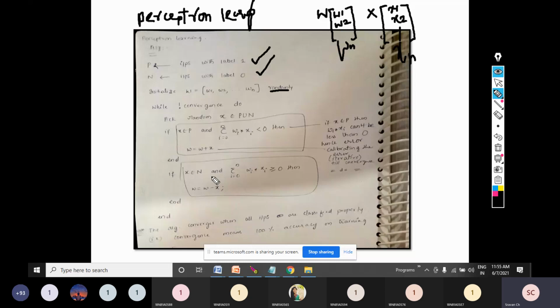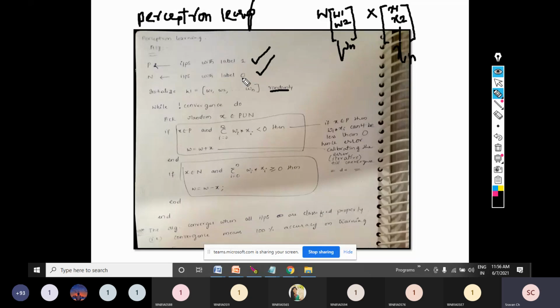There are two steps, my dear friends. Please observe. Pick randomly some input. From where should I pick the input? From P union N. P means inputs which are labeled 1, N means inputs which are labeled 0. If you recollect our decision tree example of playing tennis, playing tennis was our outcome variable.